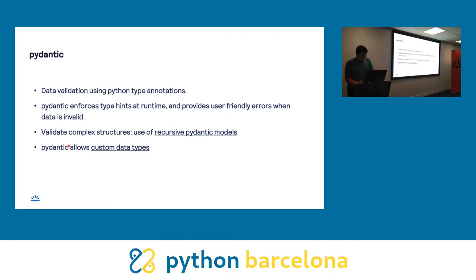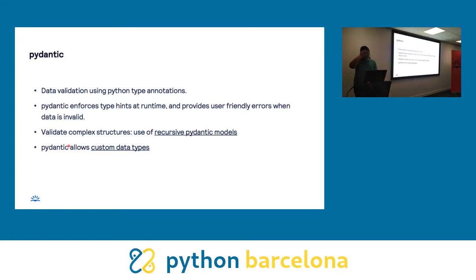We also have type hints at runtime with user-friendly errors. What does it mean? If we pass a property that doesn't match the type, Pydantic will say this property at this location doesn't match the type. The third and the most important part is the recursive Pydantic models.